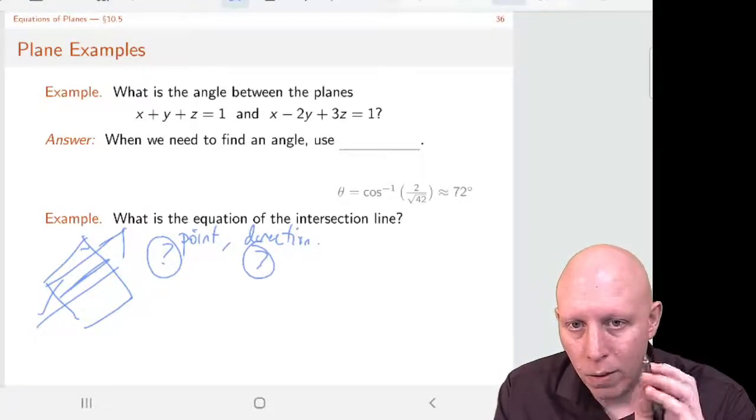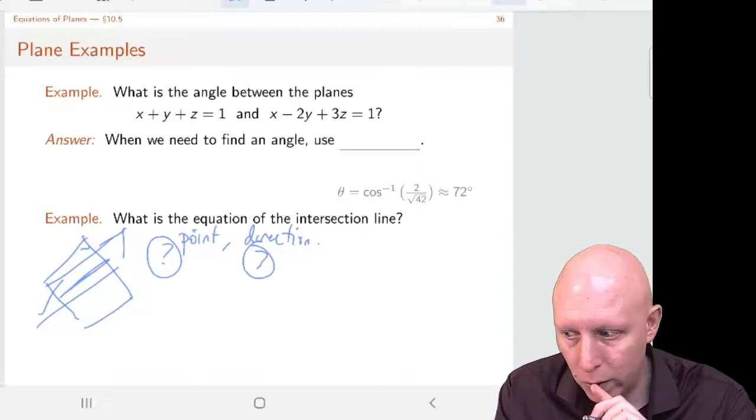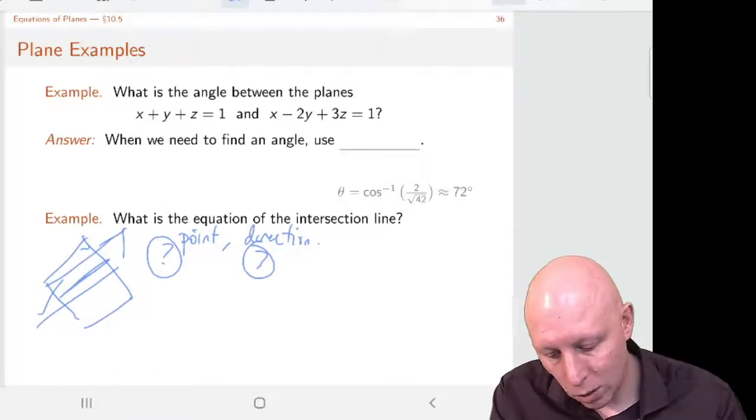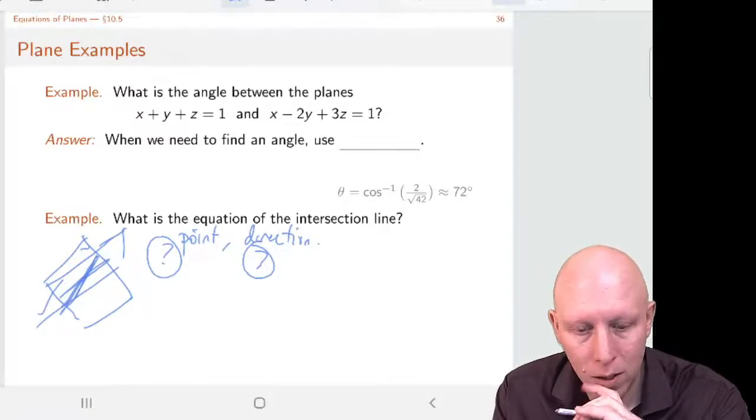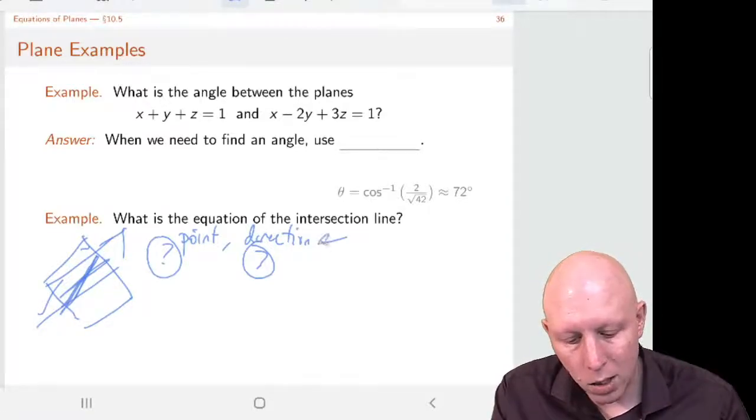In order to get the direction, well, the direction corresponds to a line that lies in both of these planes. So somehow we need to get this direction from the normal vectors.